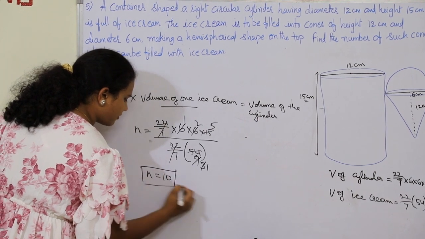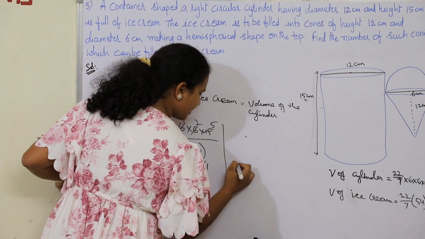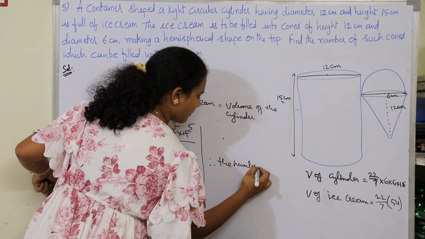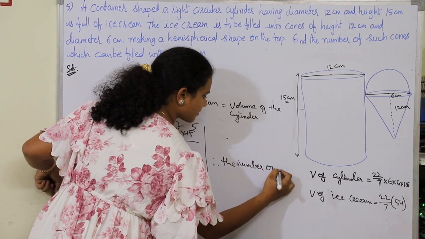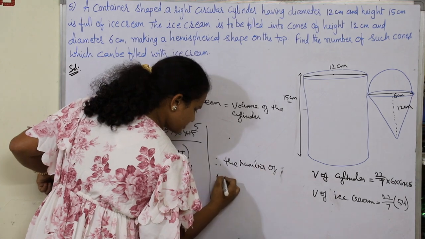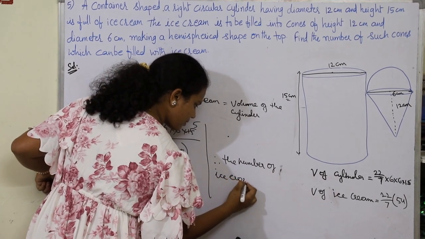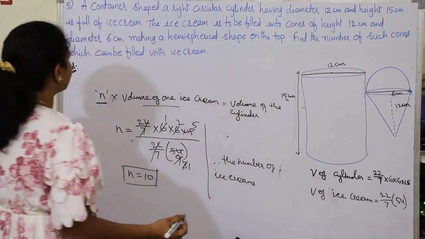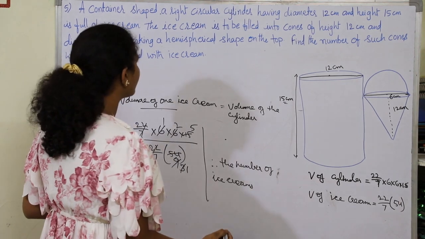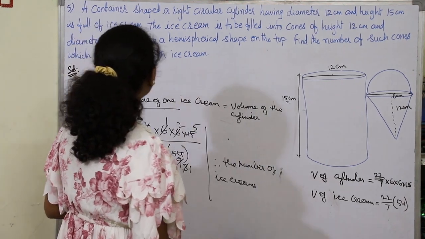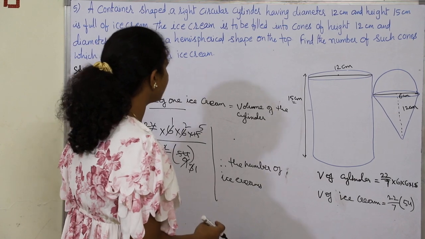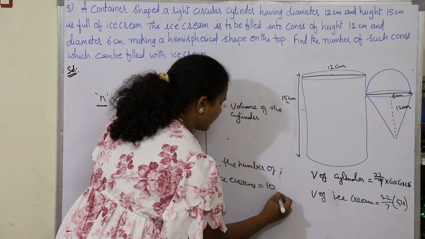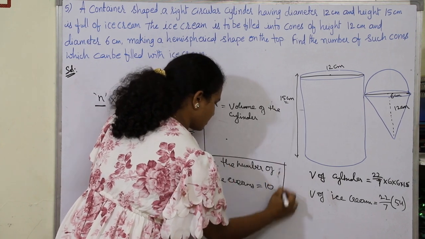Let's conclude. Therefore, the number of ice creams that can be filled with ice cream equals 10.